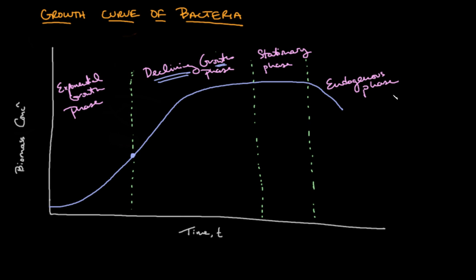In the endogenous phase, the death rate is increasing. And this is not what you would want in a wastewater plant. This is not what you would want when you're trying to manage the bacteria. But when the resources have run out, the bacteria are simply trying to survive, but there aren't enough resources, so there's a death rate that would continue to extend downward.